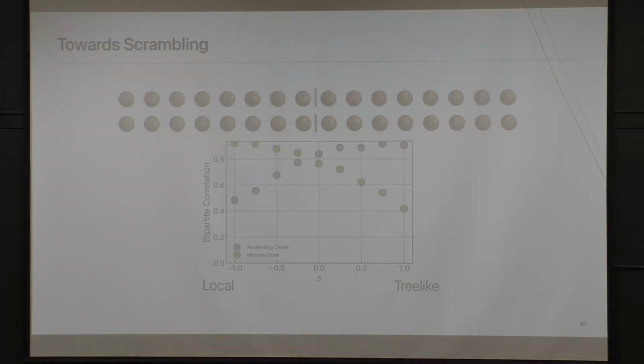You get the opposite thing, where in this tree-like ordering I've now captured all the entanglement, but if I look at it in local order, I don't have the same thing. You can also ask, what's the optimal ordering as a function of this exponent? What ordering captures the structure of entanglement?